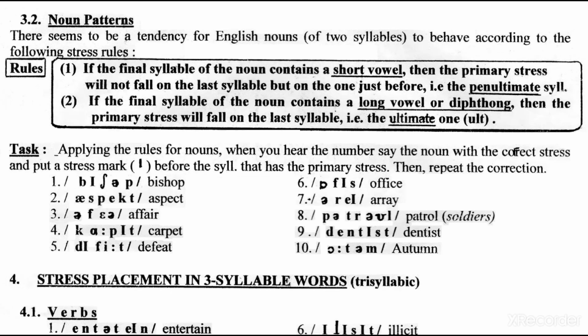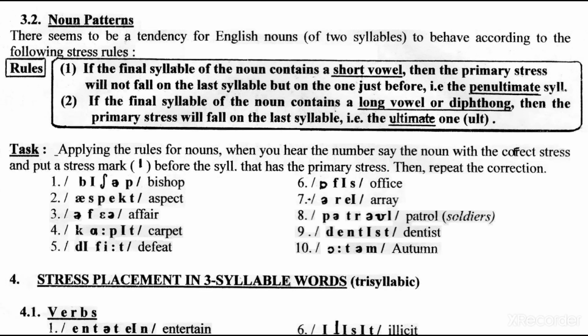The next noun is affair. As you can hear, the stress is on the ult. Why? Because we have a diphthong in the last syllable, so we have applied rule 2B, because we have a diphthong, so the stress is on the ult, affair.